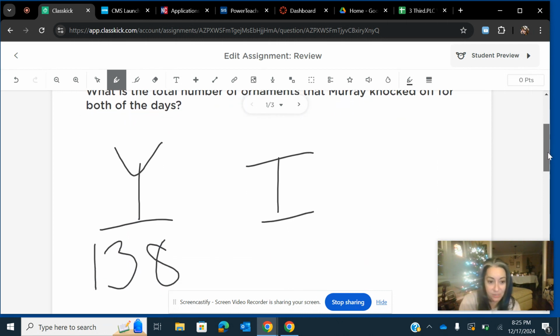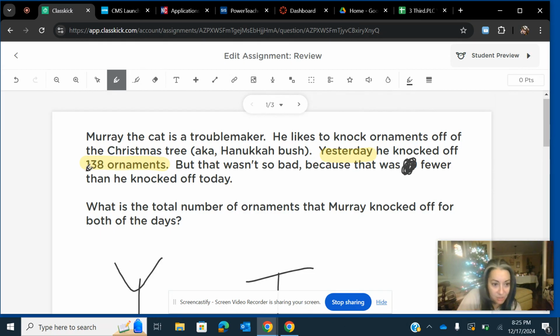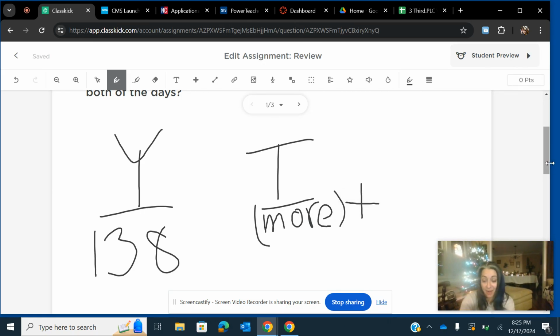Okay, so this number right here, 138, that was fewer than he knocked off today. So if this number is fewer, that means this number has to be more. If it says it was fewer, then I know that this number has to be more. And if it's going to be more, I know I have to add to find out how many more.